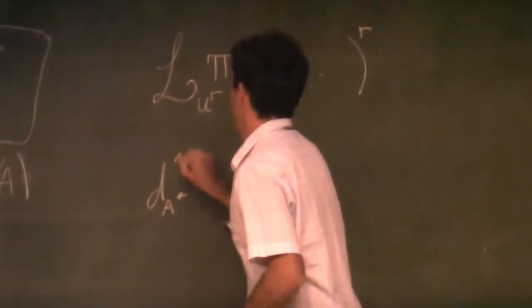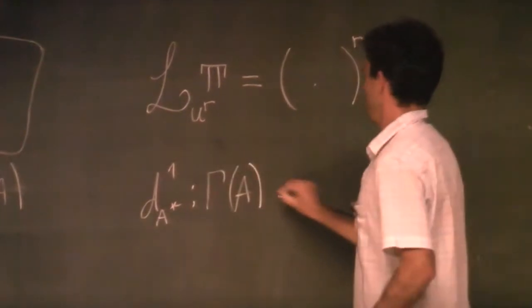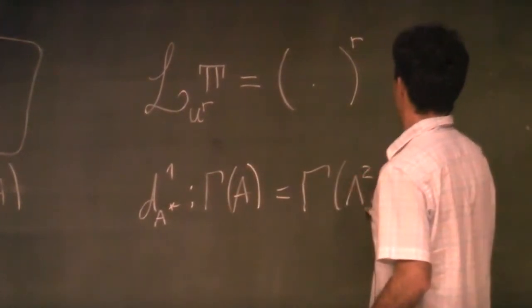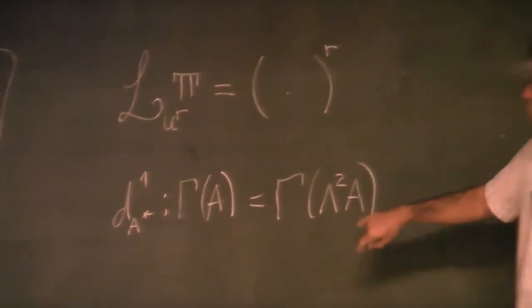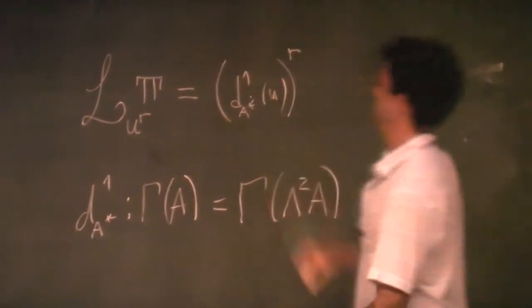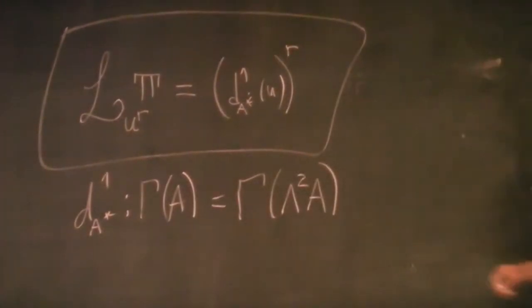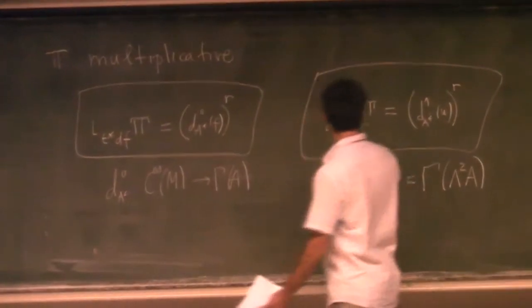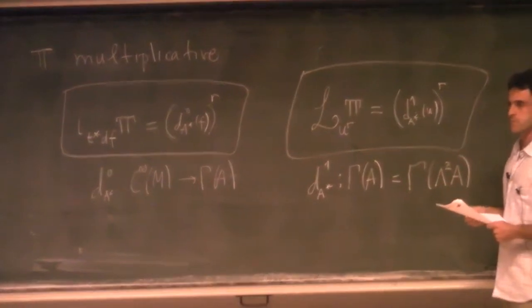So this gives me an operation that takes a section, which was the input here, and produces a section now of wedge 2 of A, which is what I'm going to put here. Okay? Now I have an operator defined in degree 0 and degree 1 to degree 2. I extend it using Leibniz, right?